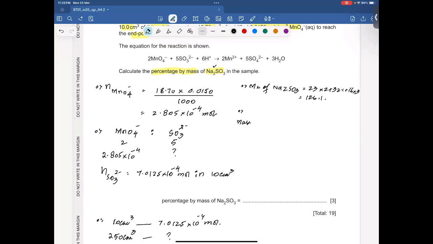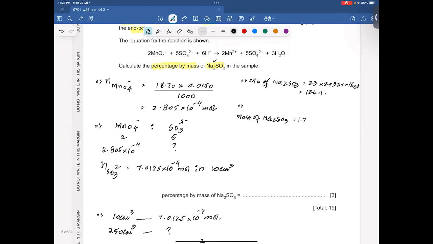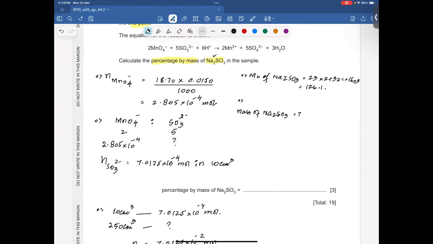We know the moles of sodium sulfite, which is 1.7. Oh, no, hold on. It's basically 7.0125 into 10 to the power minus 2 into 126.1. So its mass is basically 2.2106 gram.